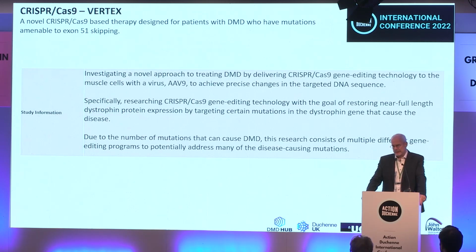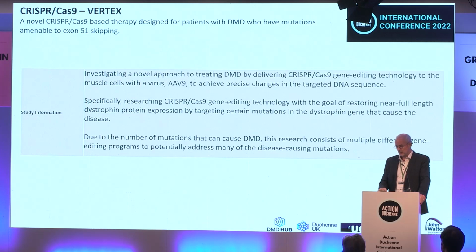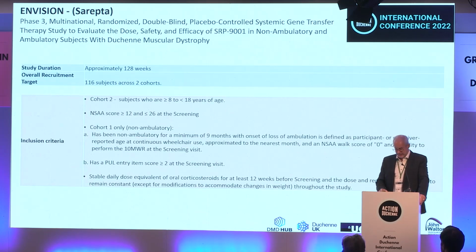The advantage would be that you have a larger functional protein compared to the gene replacement approaches that use the viral vector with the dystrophin transgenes. So it will be interesting, and I think the clinical trials need to show how effective this is.